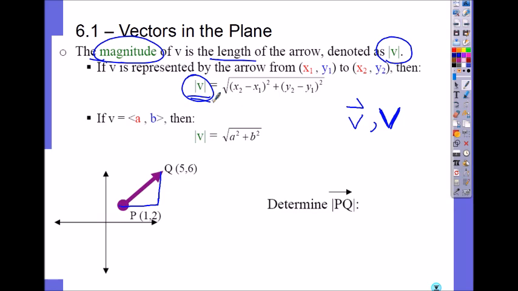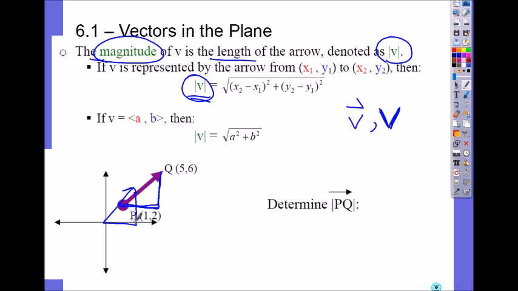Okay? So this is a distance formula, right? What you can do is use the distance formula from these two points, or find a component form, which already gives you the distance from 0, 0 to the head.